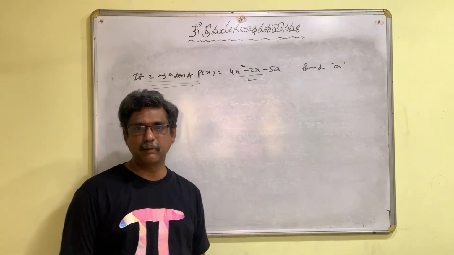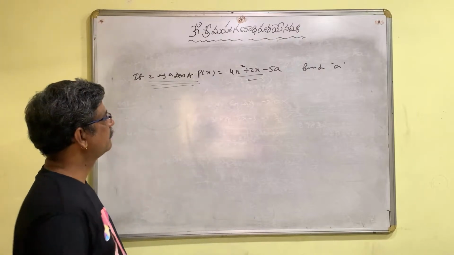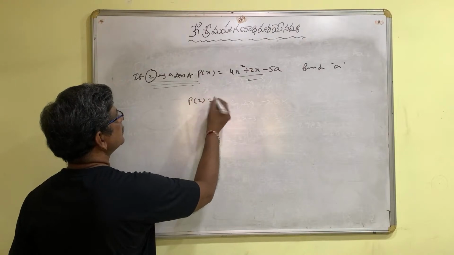If we put 2 in the place of x, the value of the polynomial becomes 0. Very good.